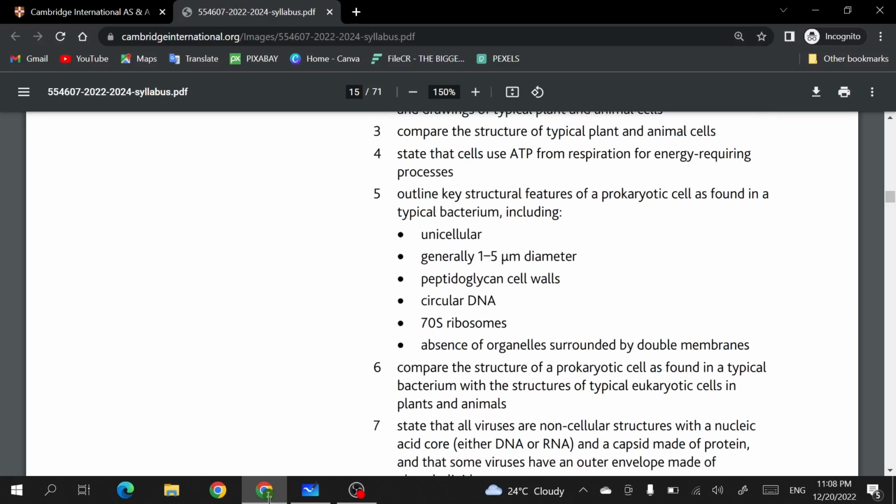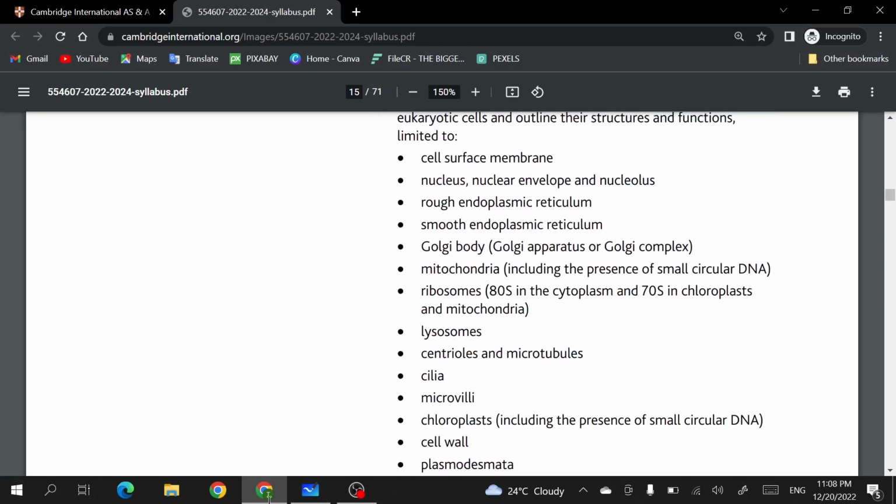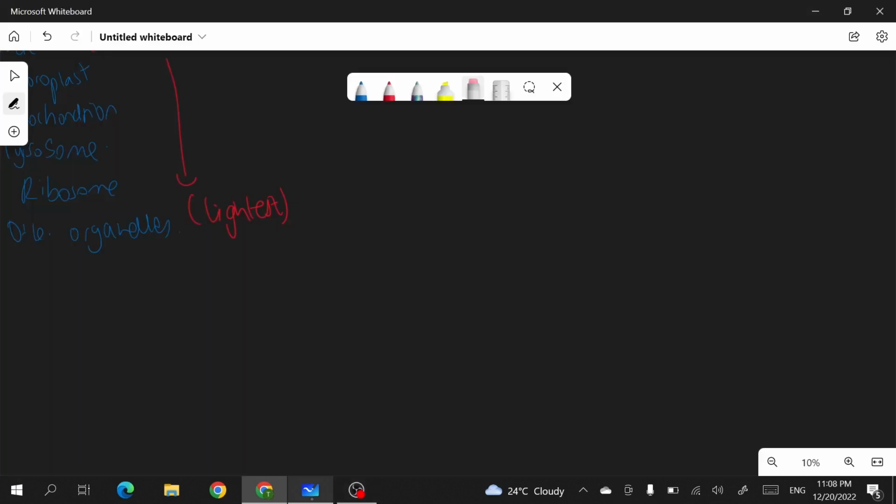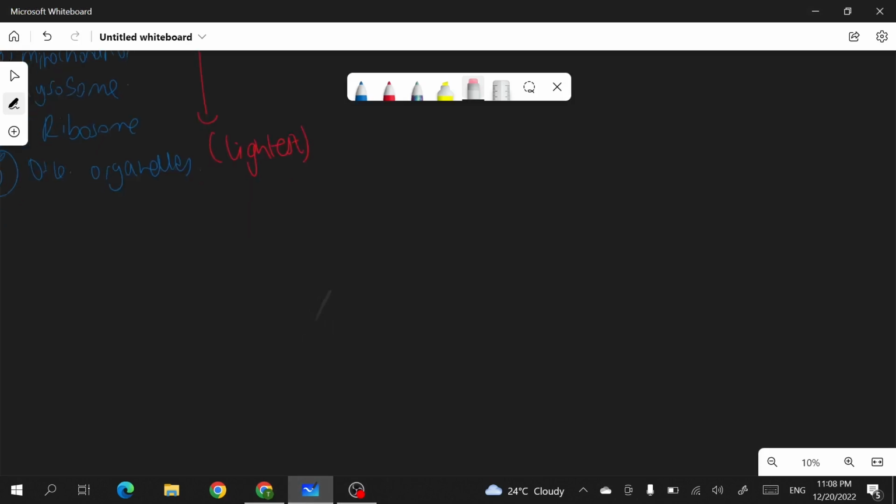I'm not going to show you the structures, but we are going to cover the most important things that you get for the exam, like size, etc. Of course it's not going to be exact. Different textbooks have different interpretations, but it's going to revolve more or less around the same. So let's start.